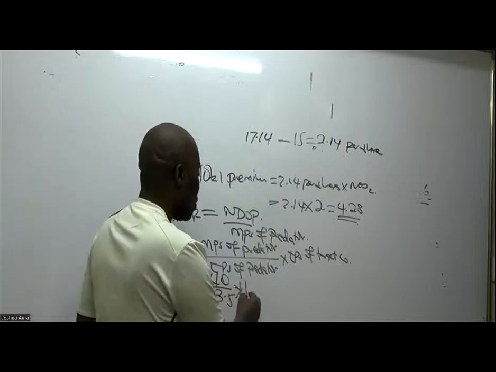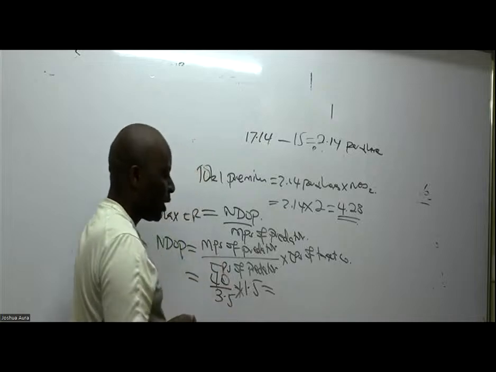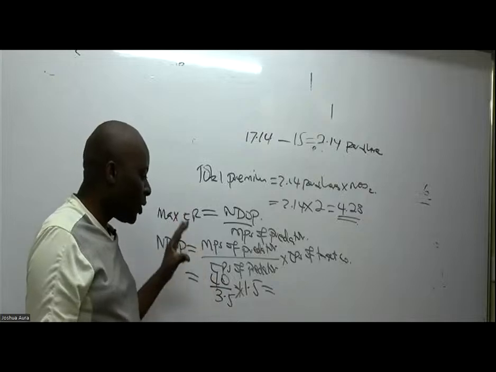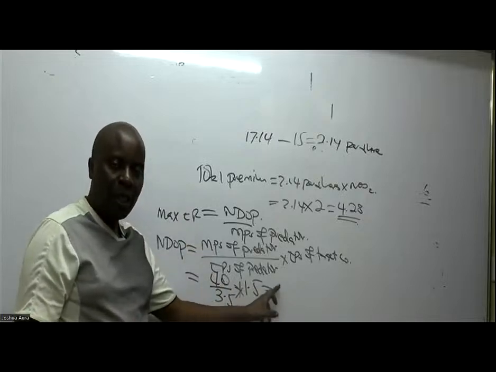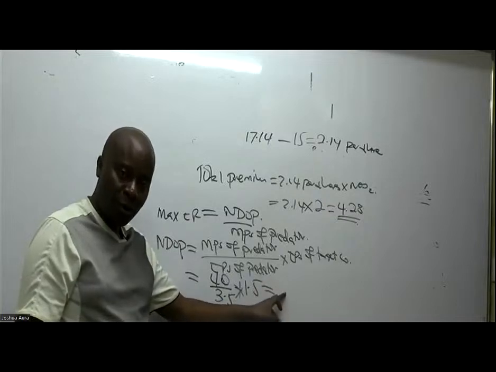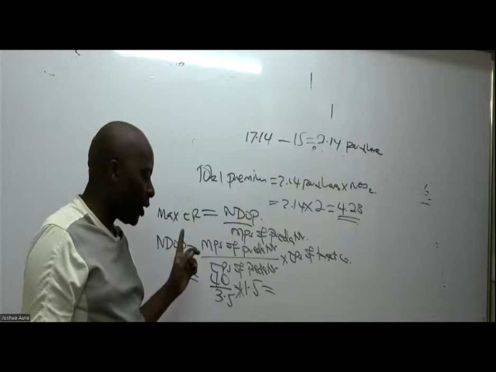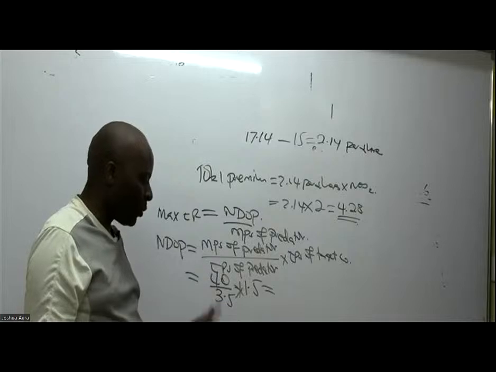So please ensure that as you get this answer, if you want to be exact in terms of the number of shares that will be exchanged, you get your answer in the form of a fraction. Don't get like 17.14, right? And how do you get this in the form of a fraction? It's 40 divided by 3.5 times 1.5.